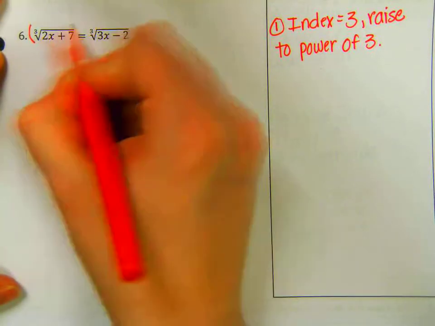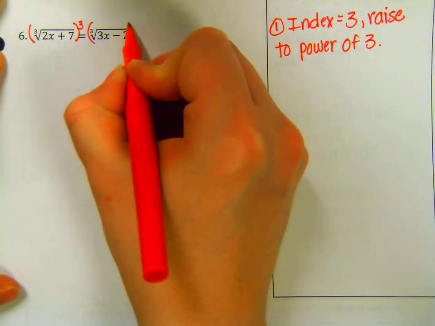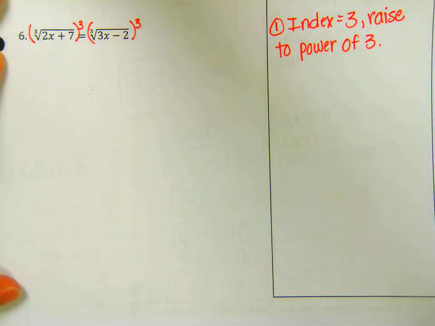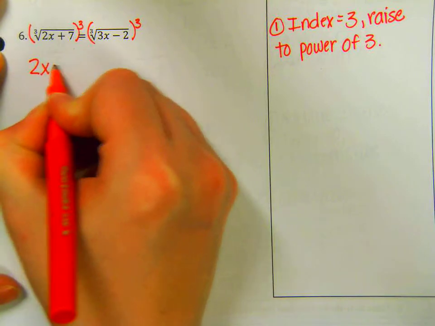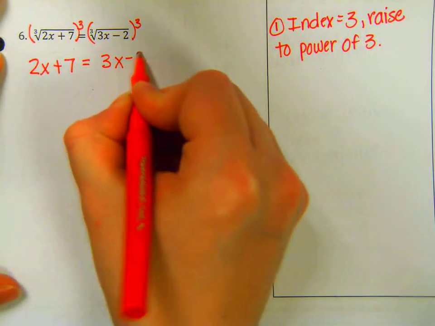So on both sides, I'm putting it to the 3rd power. The 3's end up canceling each other off, so I'm just left with 2x plus 7 equals 3x minus 2.